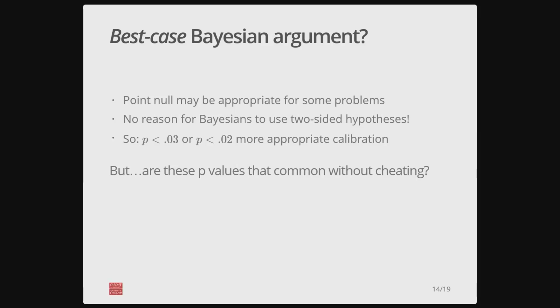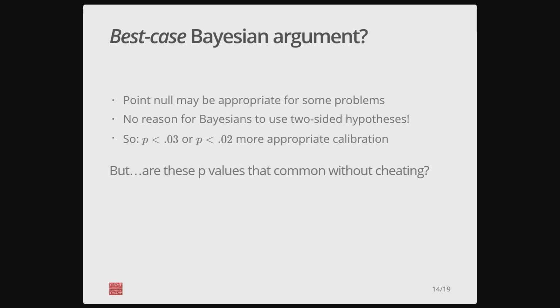the best case Bayesian argument now is that, okay, so for some problems, we can use a point null. So we will evaluate the evidence against that point null. Now, different Bayesians can argue about this, and certainly you could argue whether this corresponds to what a significance test is trying to do, but let's give it to Bayesians that we can use a point null for some problems.